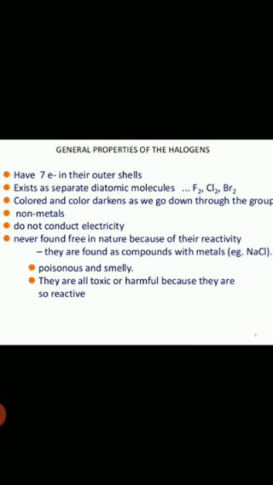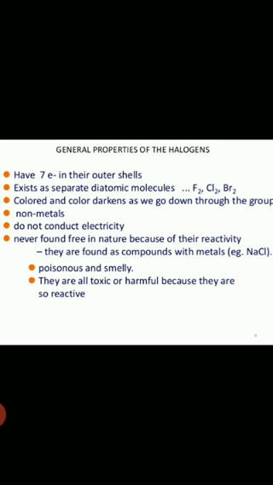Now students, we will discuss the general characteristics of group 17 elements. The general properties of the halogens: they all in common have 7 electrons in their outermost shell. They exist as separate diatomic molecules, F2, Cl2, Br2, colored, and the color darkens as we go down the group.